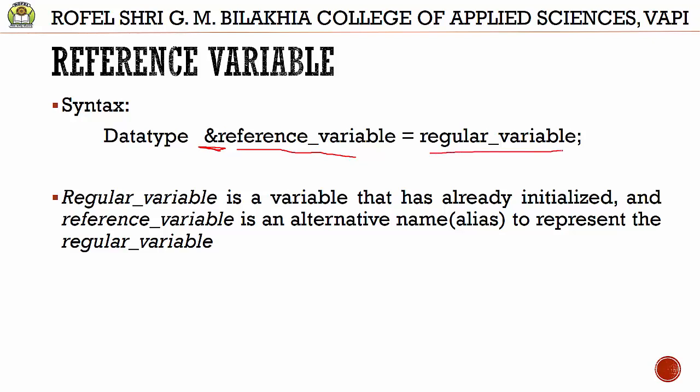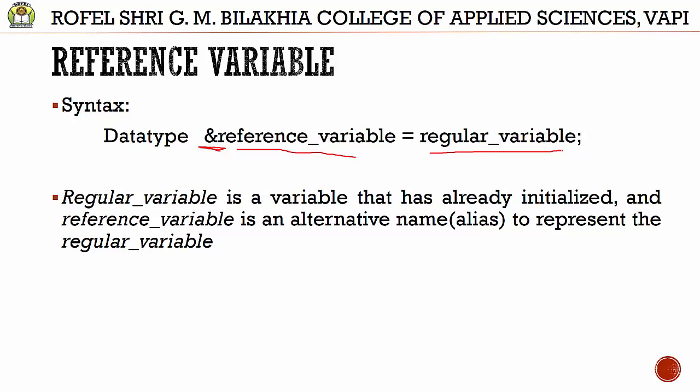That regular variable is already defined before, right? So the regular variable is already initialized, and a reference variable is an alternative name or alias to represent the regular variable, right? This is the syntax of reference variable.